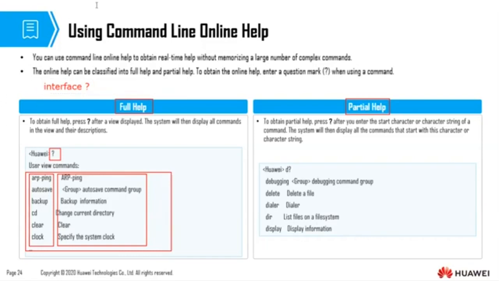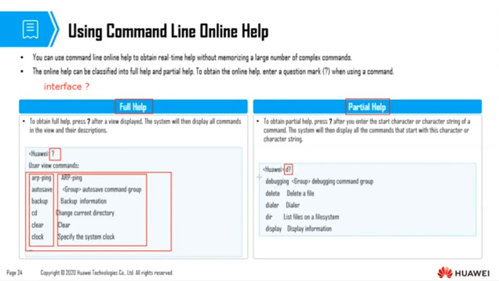On the other hand, with partial help, you can remember some bit of the command, but not the whole bit. So for example, we are on user view and we type the letter D, then question mark, then enter.